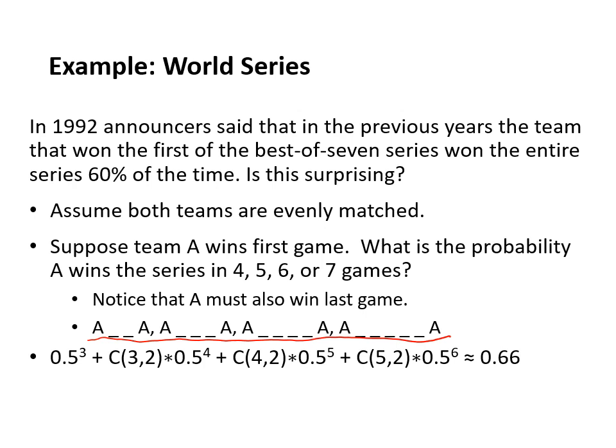In the first one, A won all 4 games, so we have to place only 2 A's here, and there is only one way of doing it. So the probability of this first one is 0.5 to the power of 3.